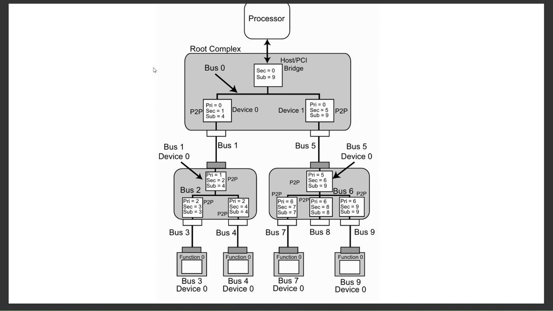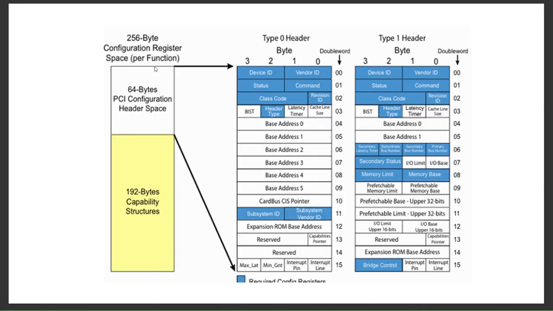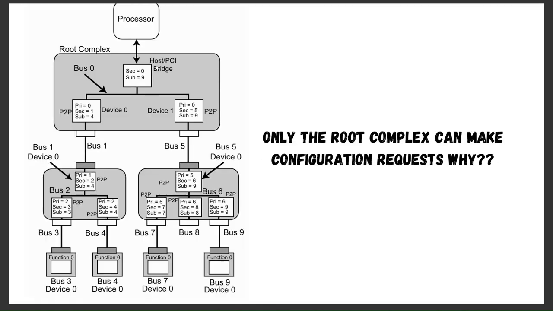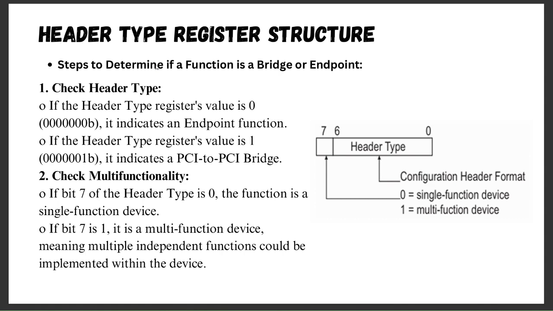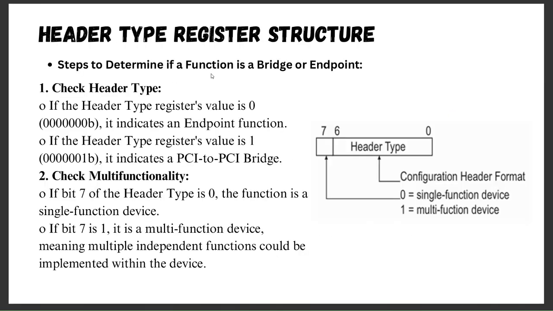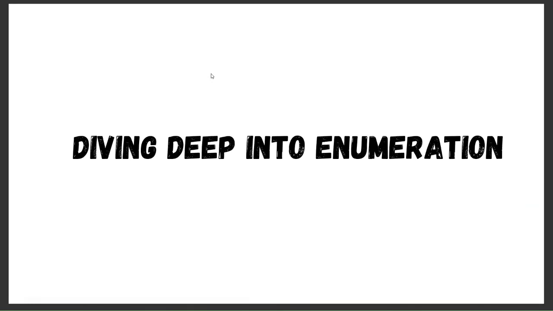This means the request is being passed to another bus downstream, where another bridge will handle it and possibly forward it further. So let us now understand what the type 0 configuration request and type 1 configuration request are.